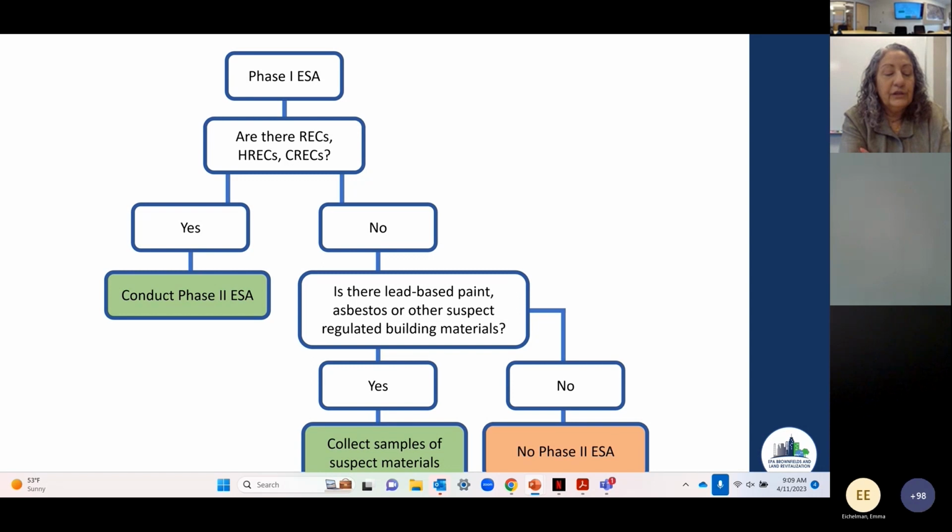When you redo the entire phase one and you do a new one, you're going back and re-interviewing people, you're going back and looking at Sanborns, you're going back to all of those, the site visit and the database, but also rechecking all of the historical records.